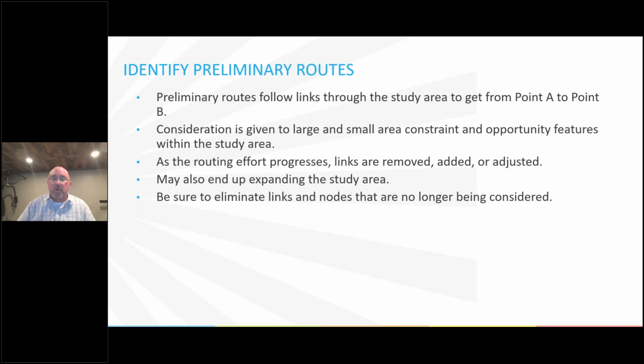As the routing effort progresses, links are removed, added, or adjusted. These changes may be based on length, the likelihood of impacts to residential, commercial, or industrial areas, as well as impacts to surface water features or natural areas. May also end up expanding the study area. Be sure to eliminate links and nodes that are no longer being considered.